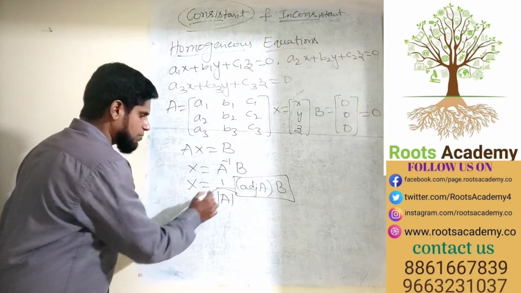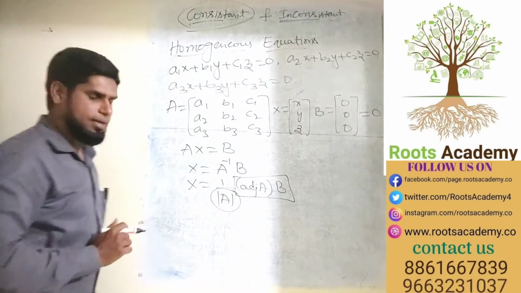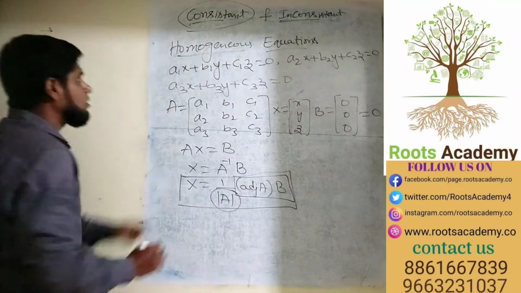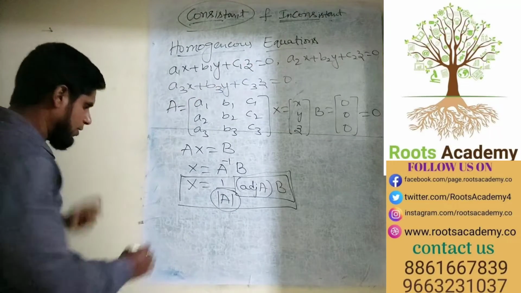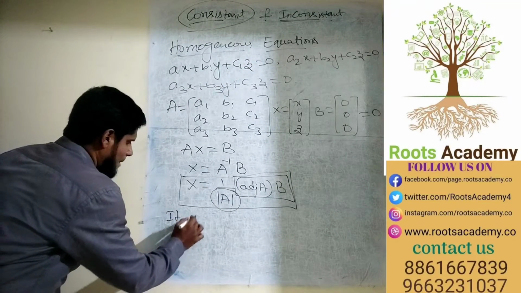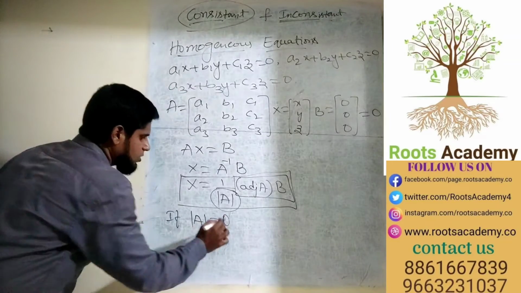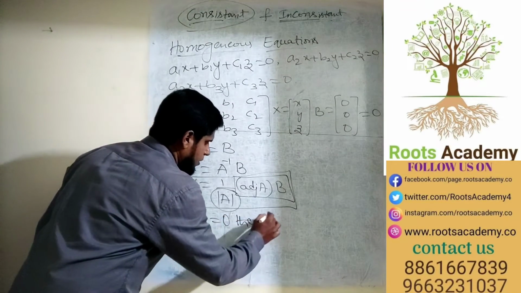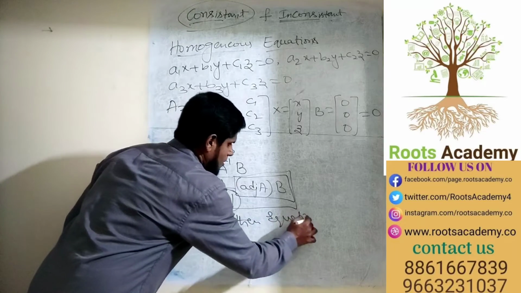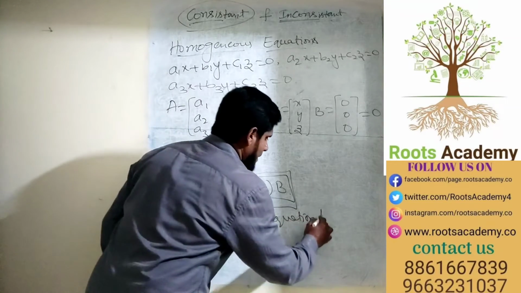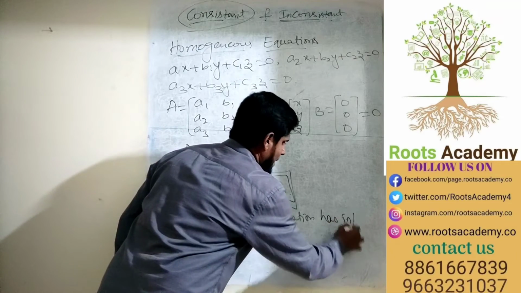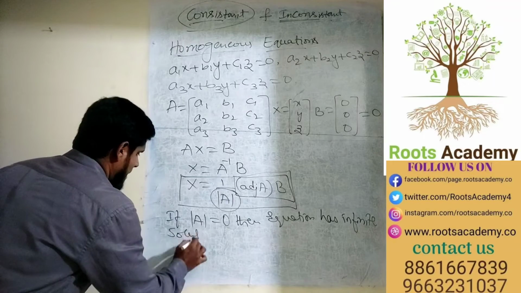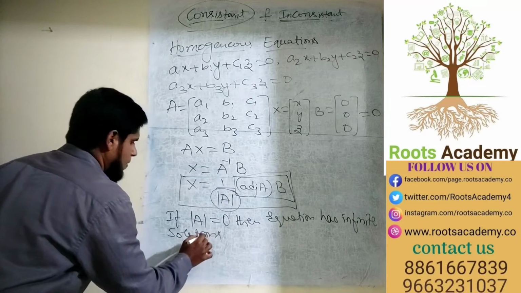So the remaining part is only determinant A. In this formula with homogeneous equations, if our determinant A equals 0, then the equations have infinite solutions.